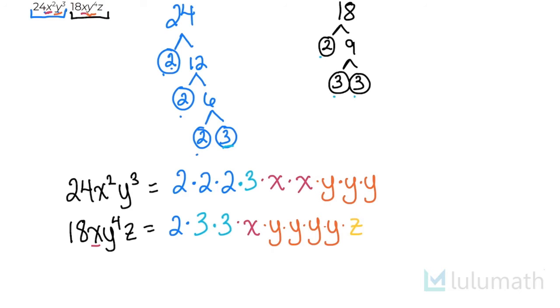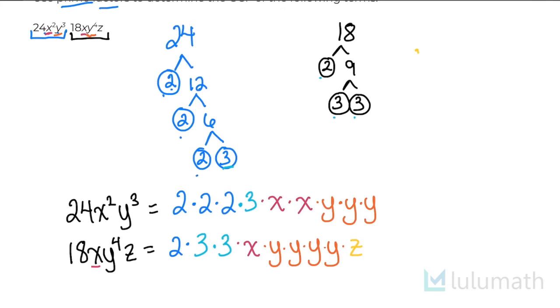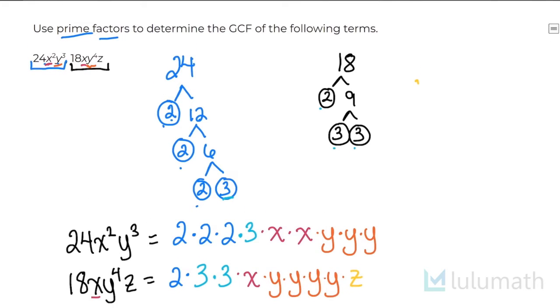Now for the greatest common factor, I need to find all the factors that are in common with all of my terms. Remember, GCF means greatest common factor. So I'm going to look at all my factors and see what's in common. For my 2's, I have one 2 in common. For my 3's, I have a 3 in common.